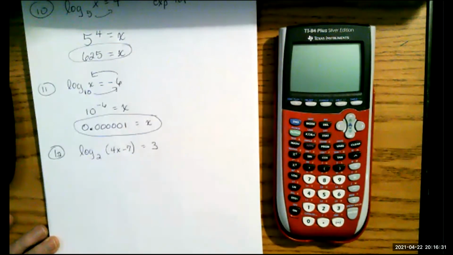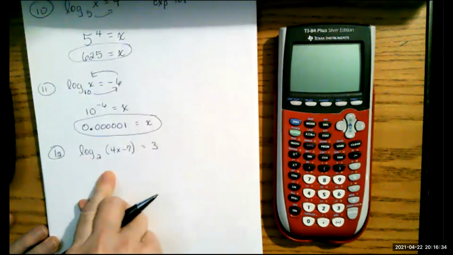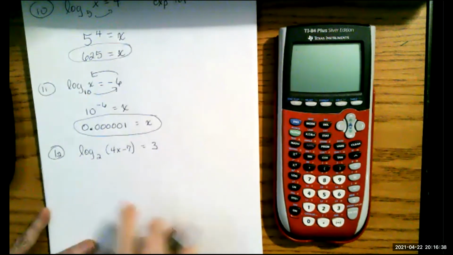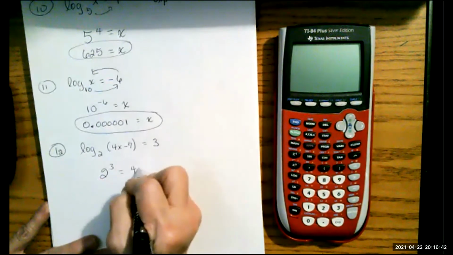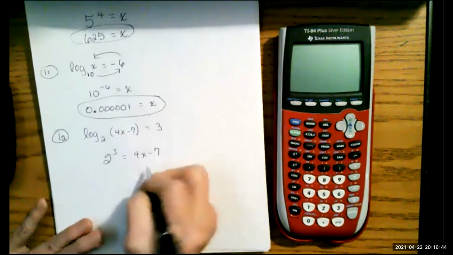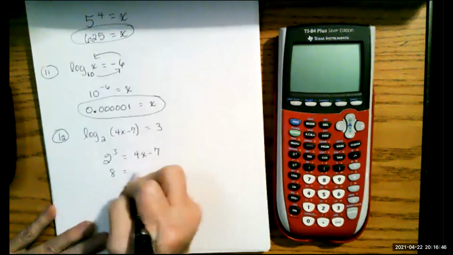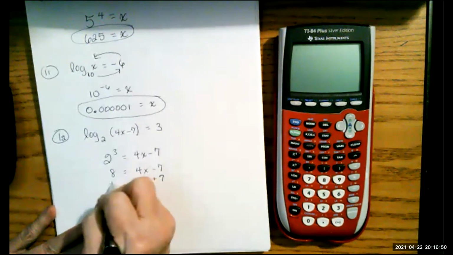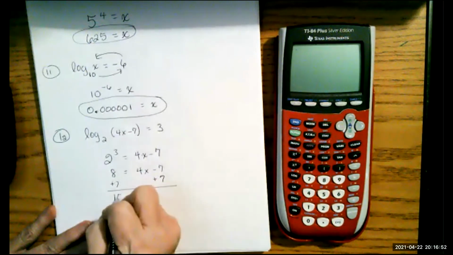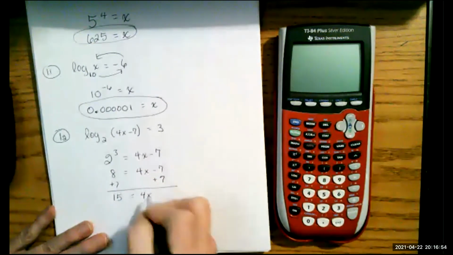Okay, when it starts out with a log, you want to change it to exponential. If it starts out with exponential, you're changing it to logs. So this is 2 to the third equals 4x minus 7. 2 to the third is 8. Add 7 to both sides. We would get 15 equals 4x.